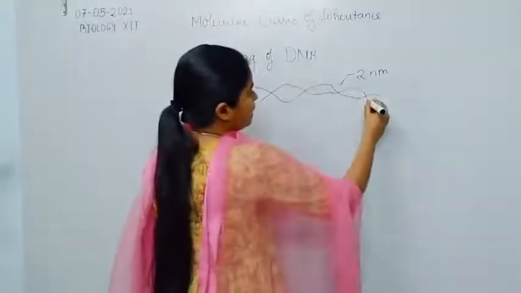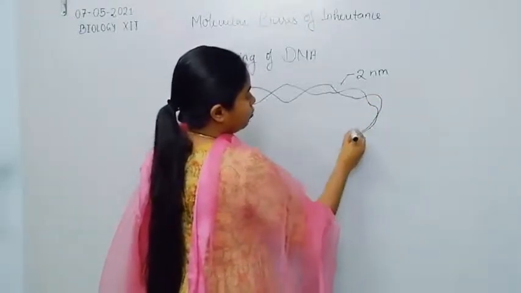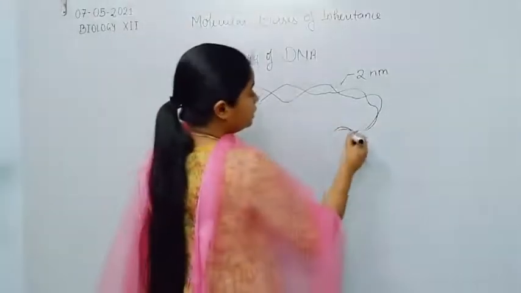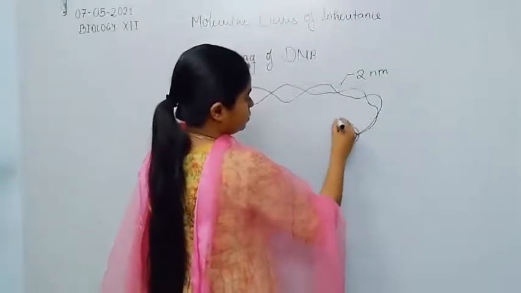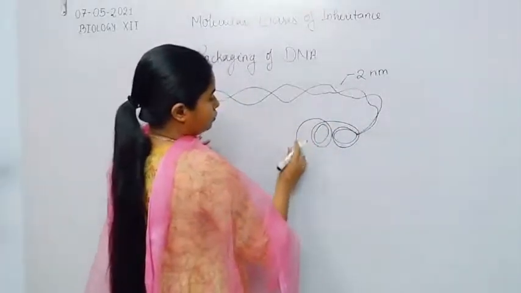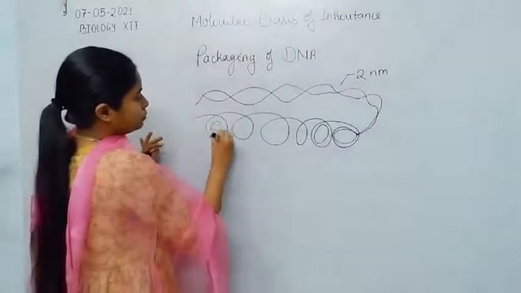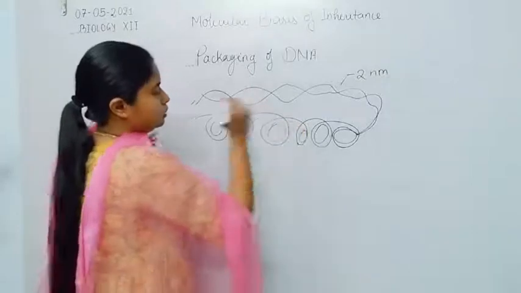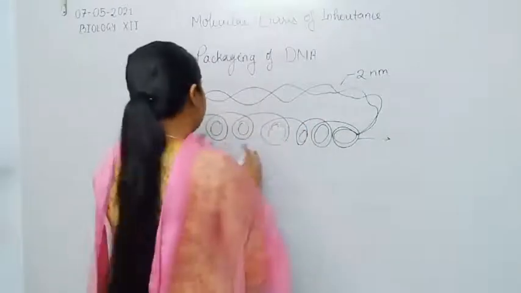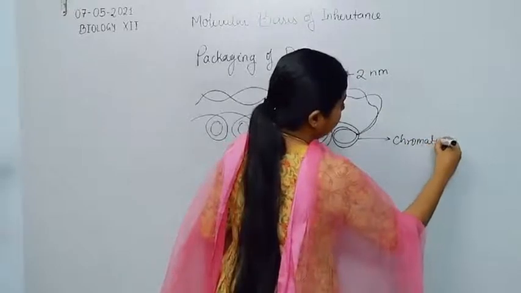Now the packaging of the DNA molecule occurs, and it wraps around the histone protein to form the nucleosome. For example, here is the wrap around. This wrapping of the DNA around the histone protein gives a structure that is known as the chromatin fiber. When the DNA wraps around the histone protein, it forms the nucleosome, and that nucleosome structure is also known as chromatin fiber.